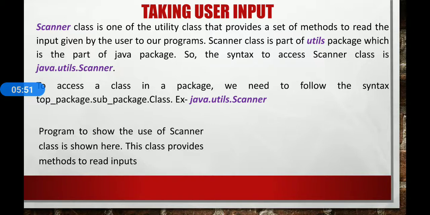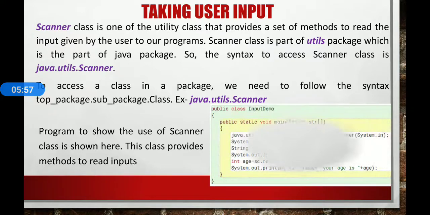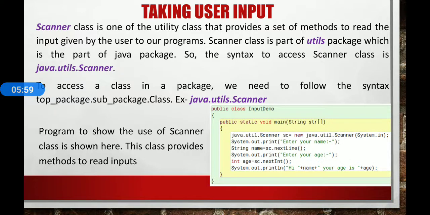This program shows the use of the Scanner class. This class provides methods to read inputs. Here it is given java.util.Scanner sc. It means sc is the object, and new java.util.Scanner is the class name of Scanner, and it passes the argument System.in.